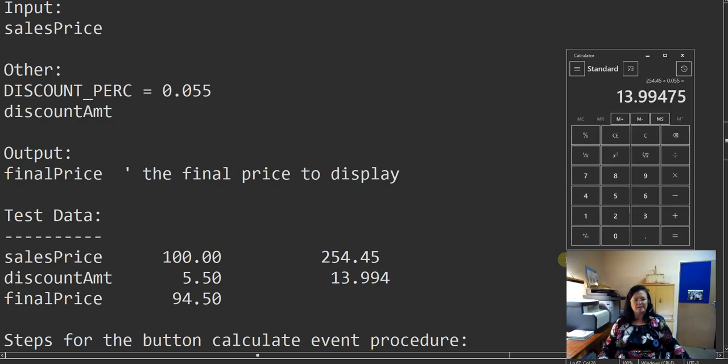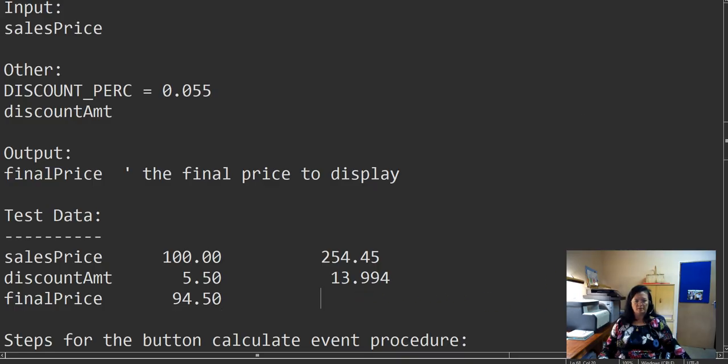So that means if I subtract 254.45 minus 13.994, I've got 240.456, like that. And we can go and work out a last set of values.